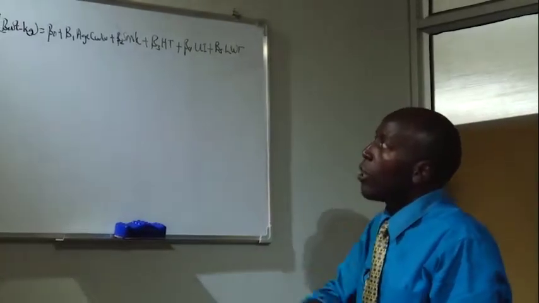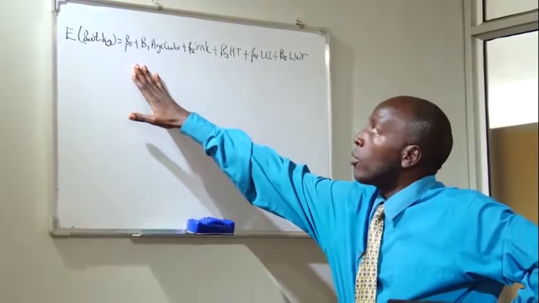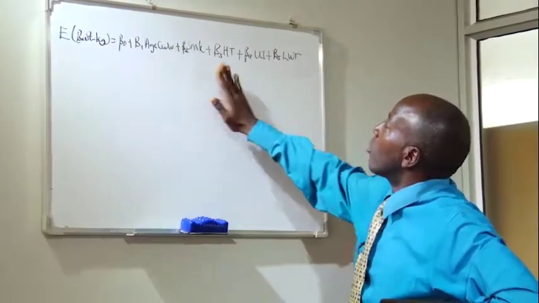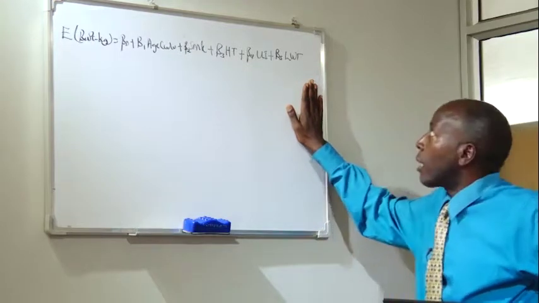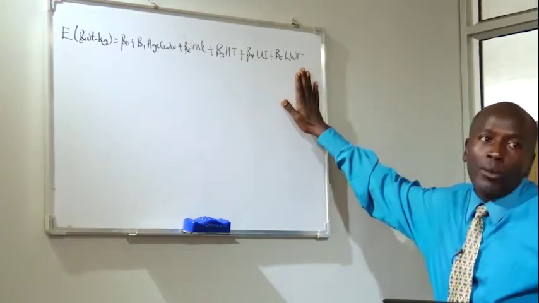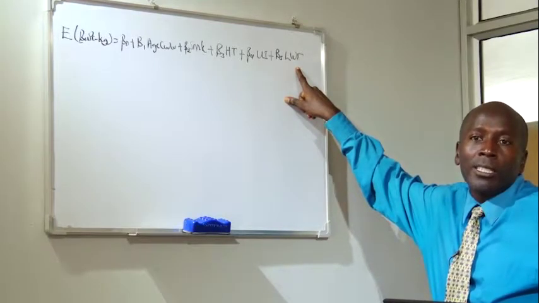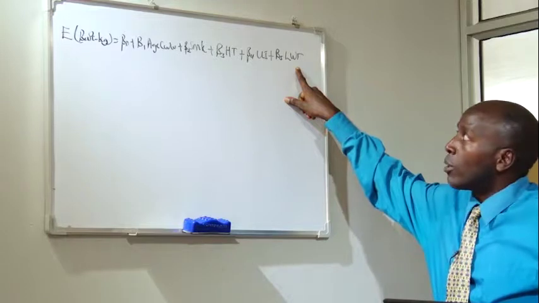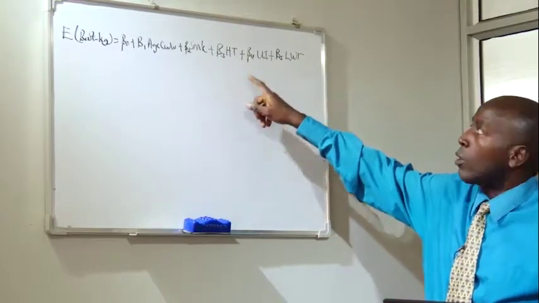What does beta naught stand for? Beta naught is when all these ones are what? 0. Okay? So you got to go back and look at how these variables were coded. Do you expect a mother to have had 0 weight? We don't. But we know that non-smoker is 0. No hypertension is 0.